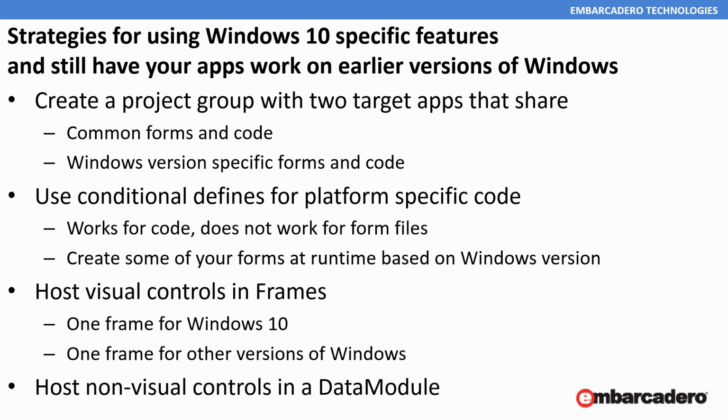For visual controls, you could put them in frames and have a frame for Windows 10 capabilities and another frame for other versions of Windows. And you could take your non-visual controls and put them in a data module or put them in a separate source code unit and use them across all of your applications and your projects. So those are just some ideas for thinking about how can we isolate or deal with a world of both Windows 10 specific versus Windows general across everything.